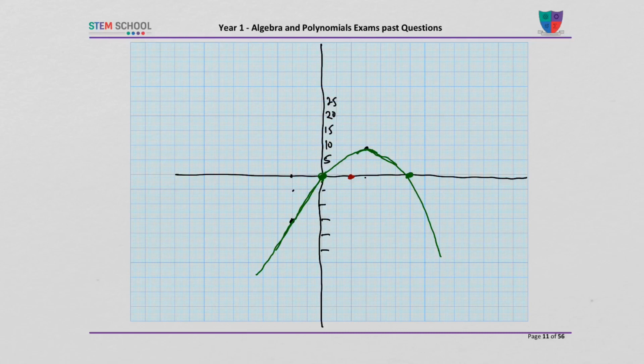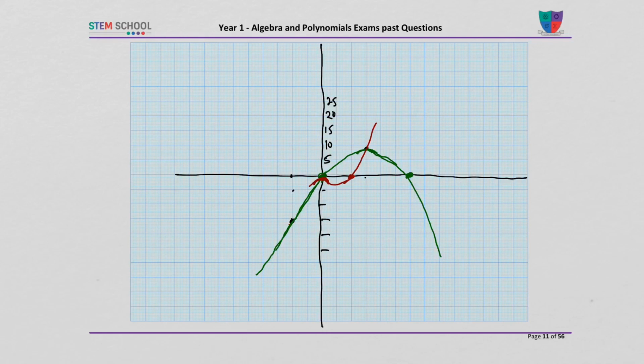And the cubic, interestingly, is going to go through these as well, but the cubic has a turning point there, and it will go there, and then we go there.